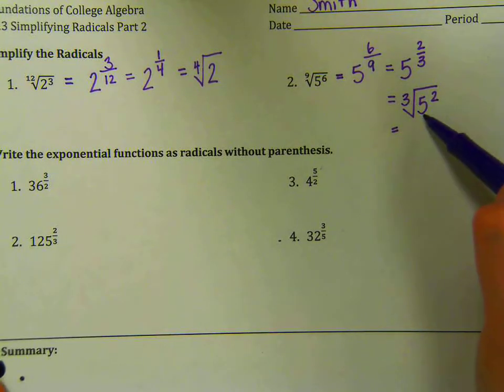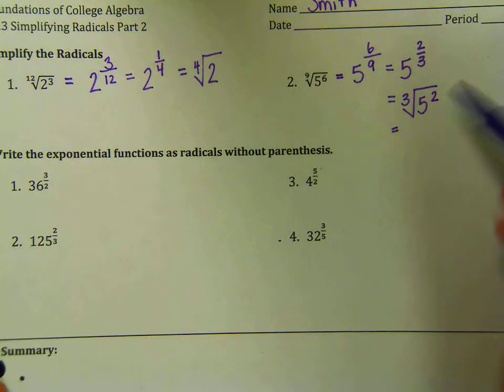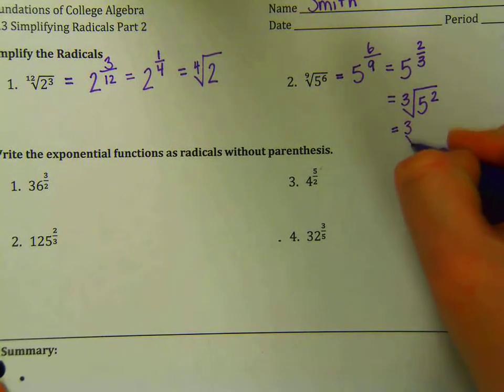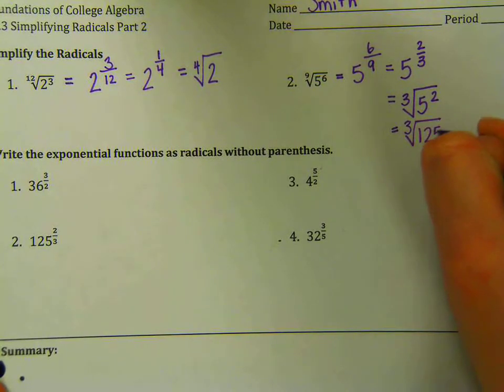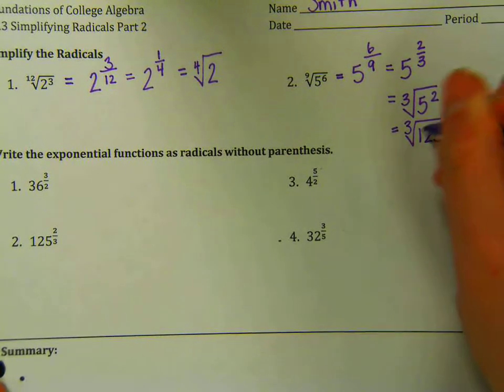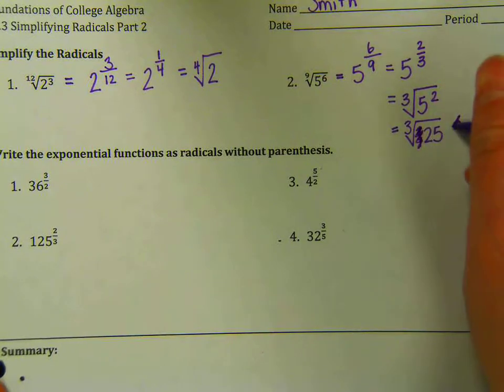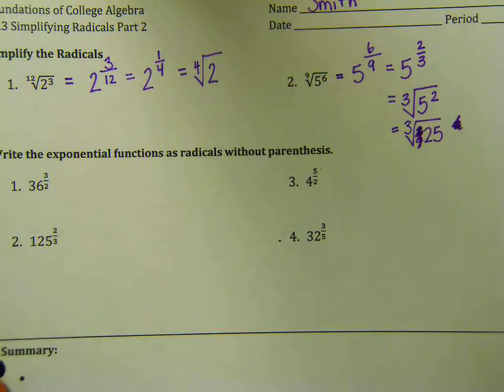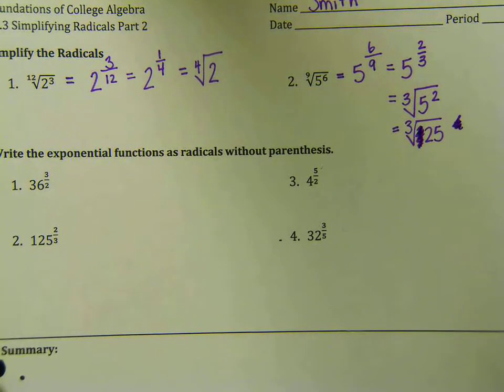I would take the cubed root of, you have to do 125, so the cubed root of 125. And then you know that the cubed root of 125 is, actually this is squared, so this is my fault. So just the cubed root of 25, my bad. Okay, so cubed root of 25.